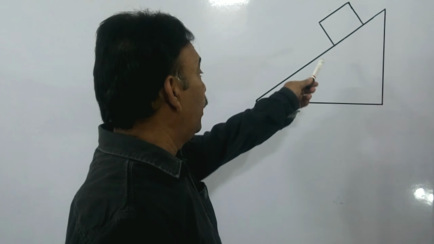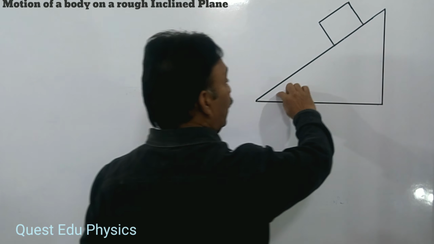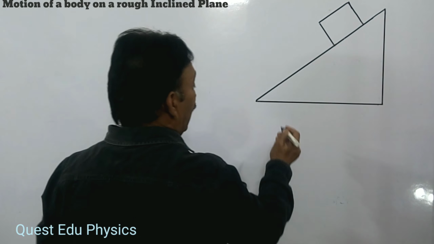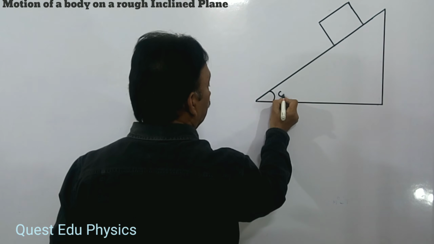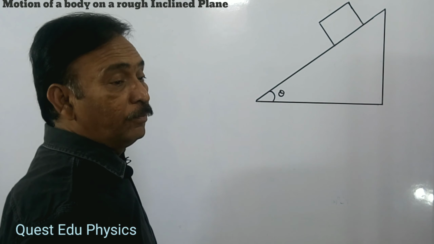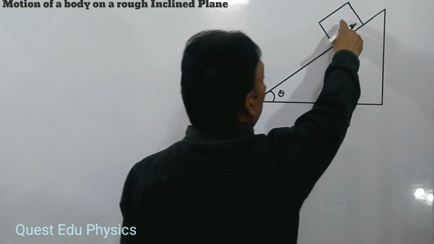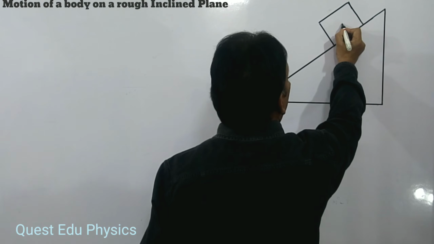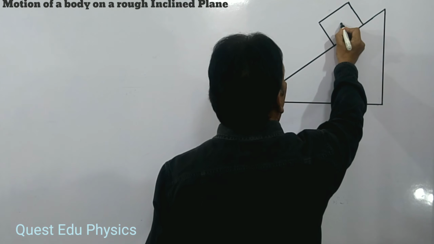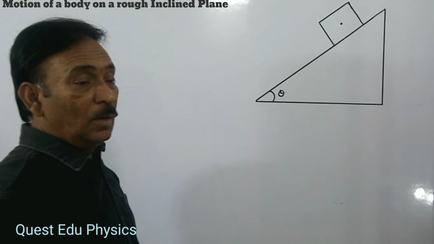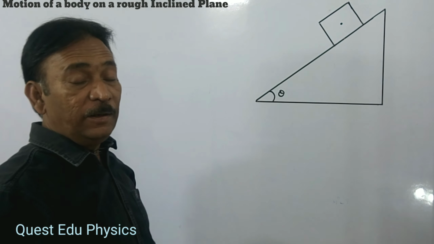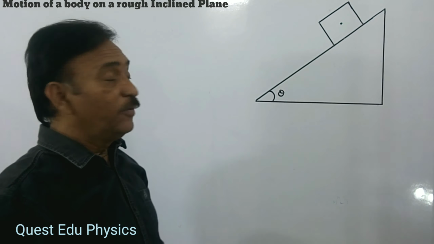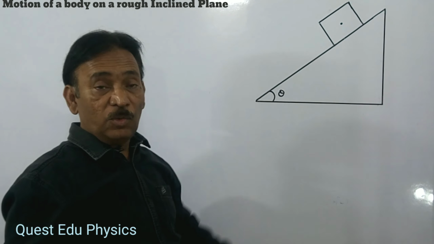Okay, students, this is the plane. I told you it is a rough inclined plane, with an inclination of theta. A block of mass m is kept over it. I told you it is a rough plane which has a coefficient of friction equal to mu.